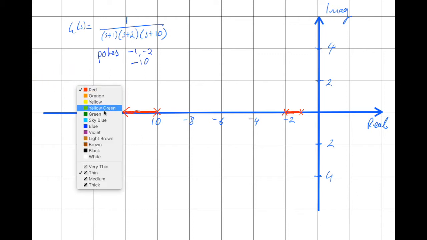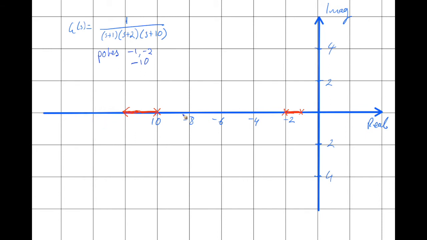And how do we know in which directions they go to infinity? Well, remember we can compute some asymptotes. And when we've got a pole excess of 3, we know that 1 is going to be going off at minus 180 degrees, and 2 are going to be going off at plus or minus 60 degrees. And the location of the central point of those asymptotes we just get by adding up the pole locations and dividing by the pole excess.